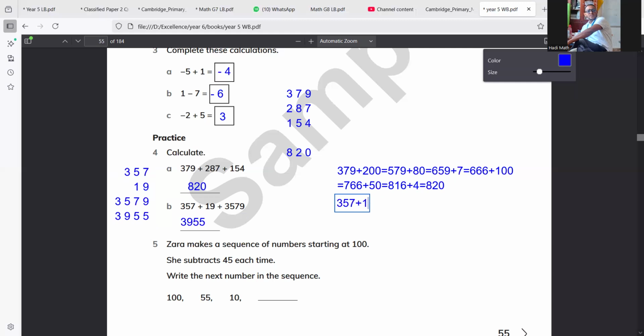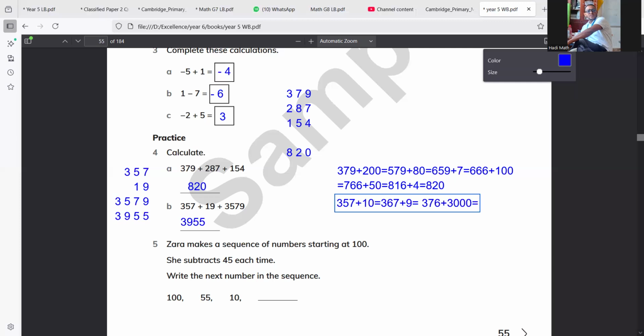As I told you, you can do this as mental math. The 357 plus 10, because this is 19. 10 is equal to 367. Then you add to it the 9, it is going to be equal to 376. Then you can add the 3,000.